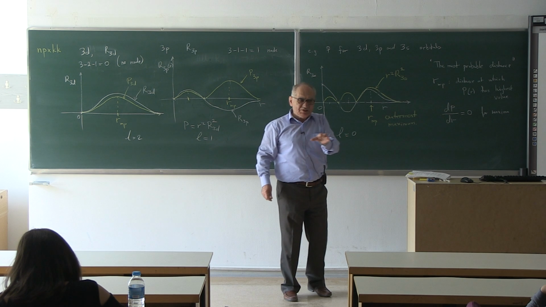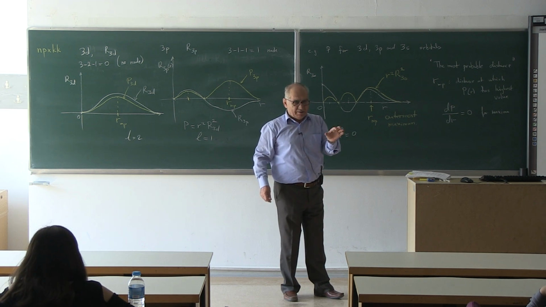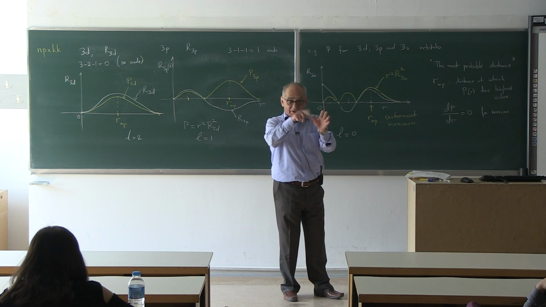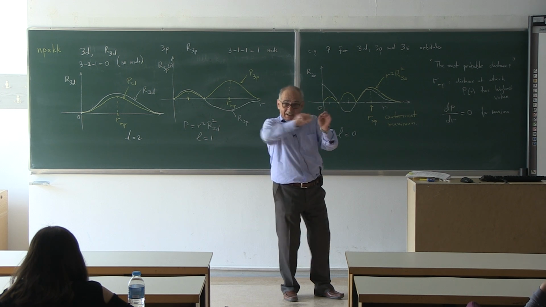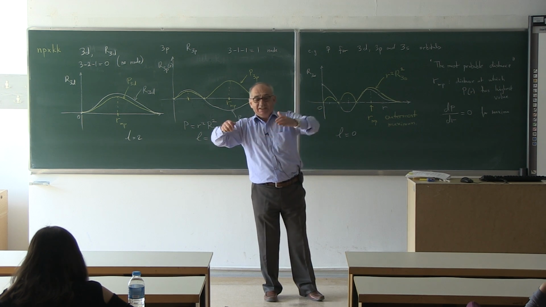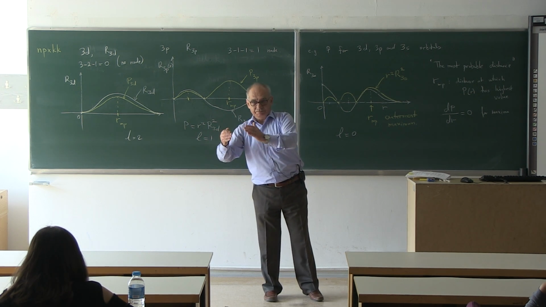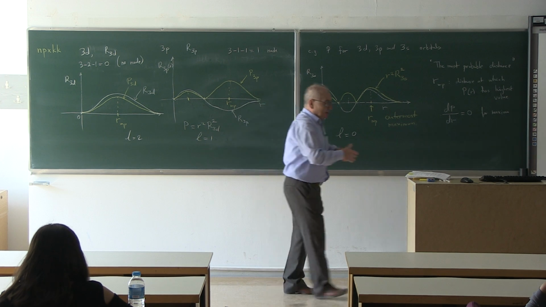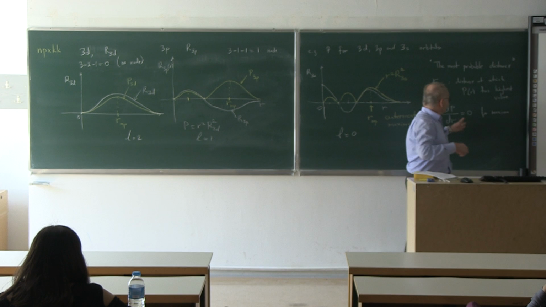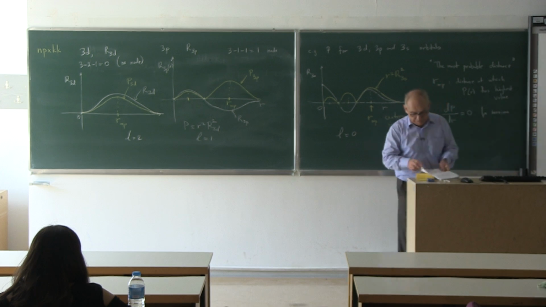And this is generally valid. As L increases, with the same n, the same principal quantum number, RMP decreases, gets nearer to the nucleus. Okay. Now, let us do these things mathematically, using this condition.